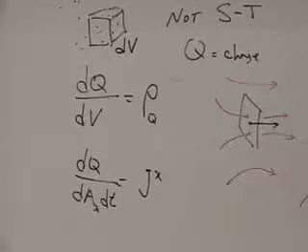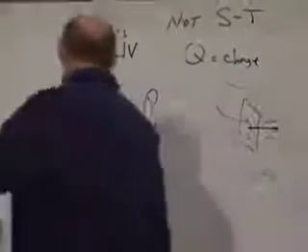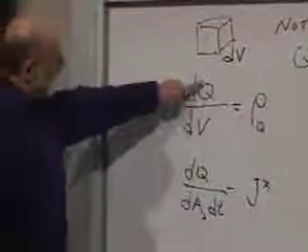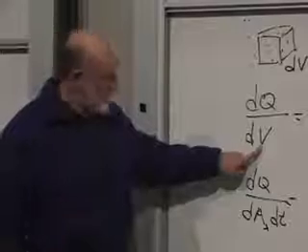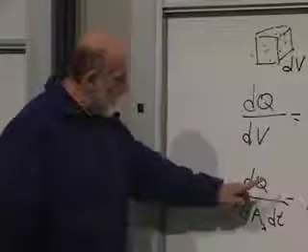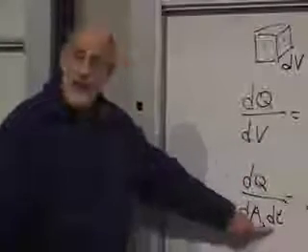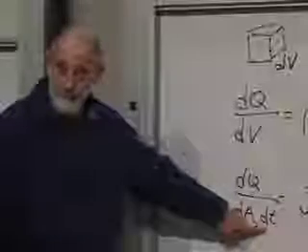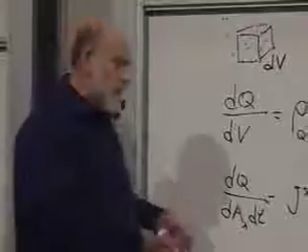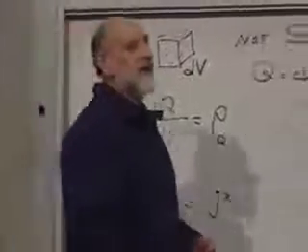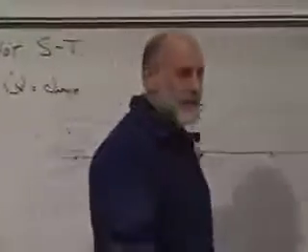The only real difference between these is here I have charge per unit 3-dimensional space-like directions. Here I have charge per 2 space-like, 1 time-like direction. So these are clearly closely similar kinds of things, charge per unit length cubed, if you like.